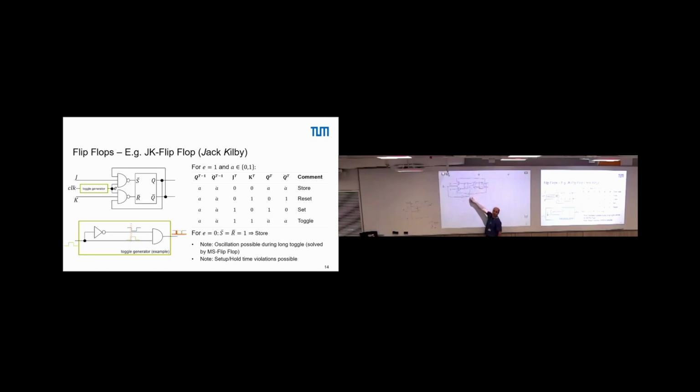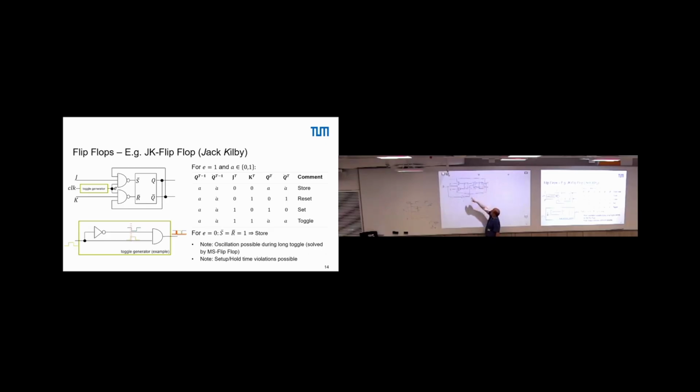So with the falling clock edge, the value is propagated here, processed at that point. So we have an inversion, right? So if we had before Q at 1, doesn't really matter, then here S bar is at 0, right? So we are in a set state, Q is set to 1.